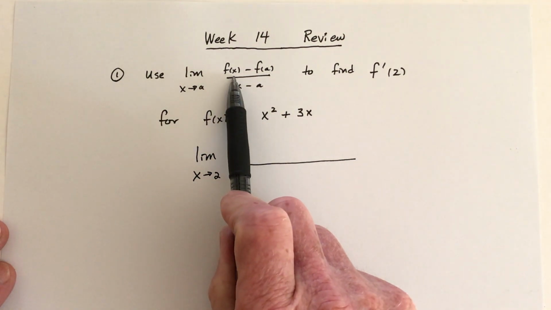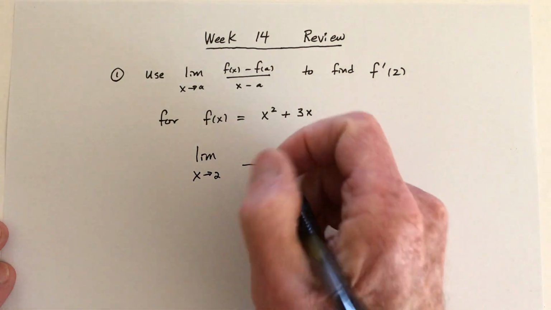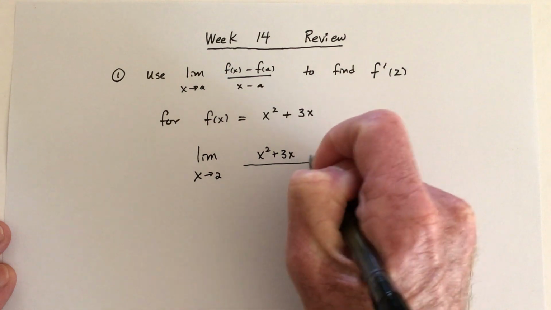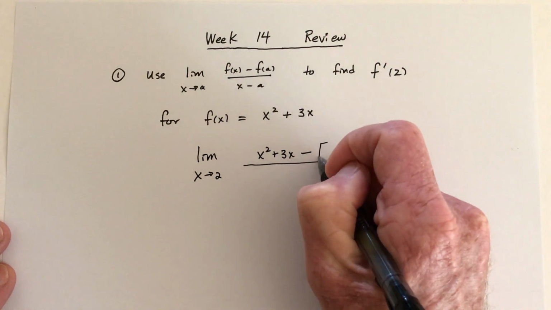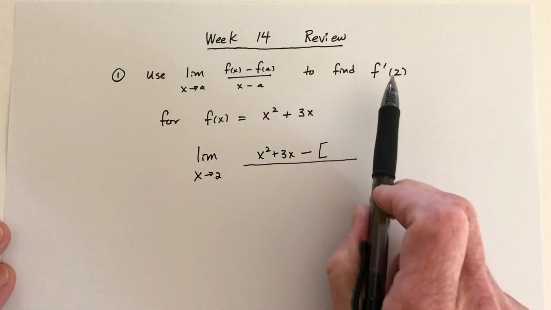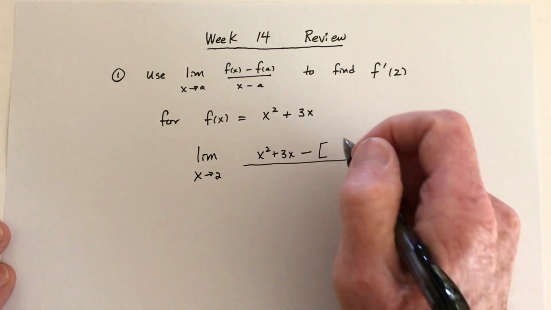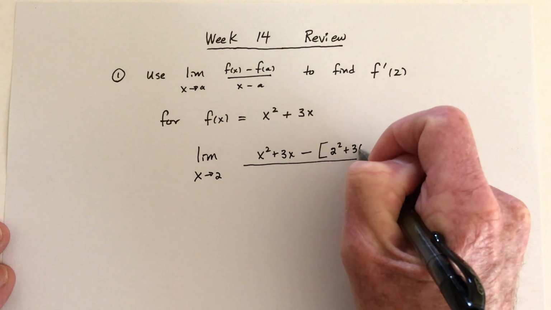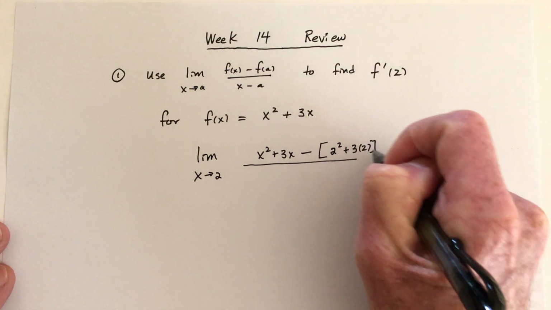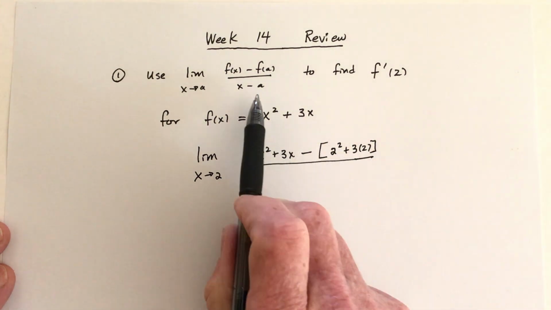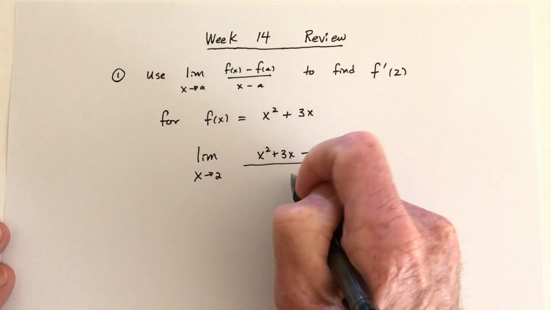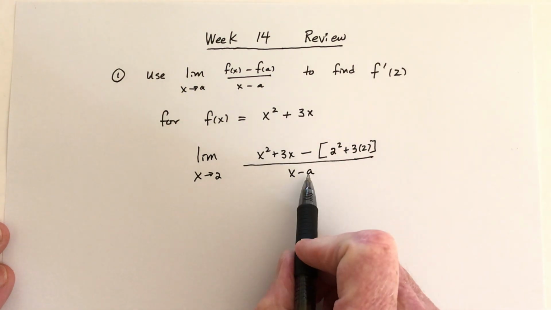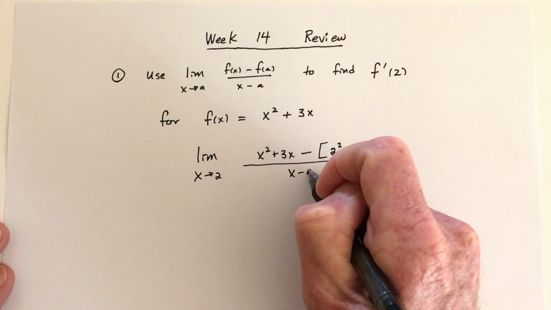And first of all, this part is saying just write down the function x squared plus 3x and then minus, and now substitute a 2 into the function. So that's going to be 2 squared plus 3 times 2. And then on the bottom, we just have x minus a. And then a is a 2. I should have put a 2 right there.